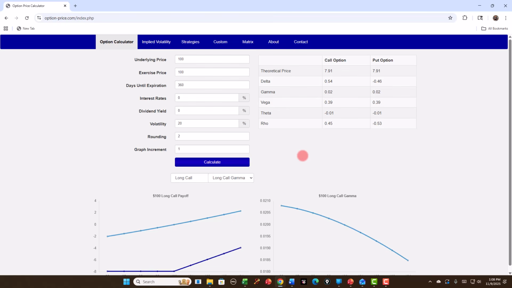Okay, so now we're into a pricing model, and let's use the same example that I just did. We're going to start out with the stock and strike at 100, 1 year to expiration, 20% volatility, and let's use the put option priced at 7.91. And notice that the theta is minus 0.01. So one of the things that we found from the spreadsheet is that if I make time 25% of the time remaining, or 90 days, this should go to 2.